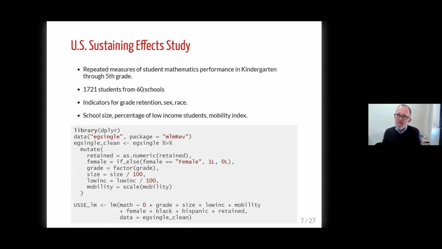So we've got a dependence issue there, right? You expect that students who go to the same school will tend to have mathematics performance that is more similar to each other than to students from other schools.